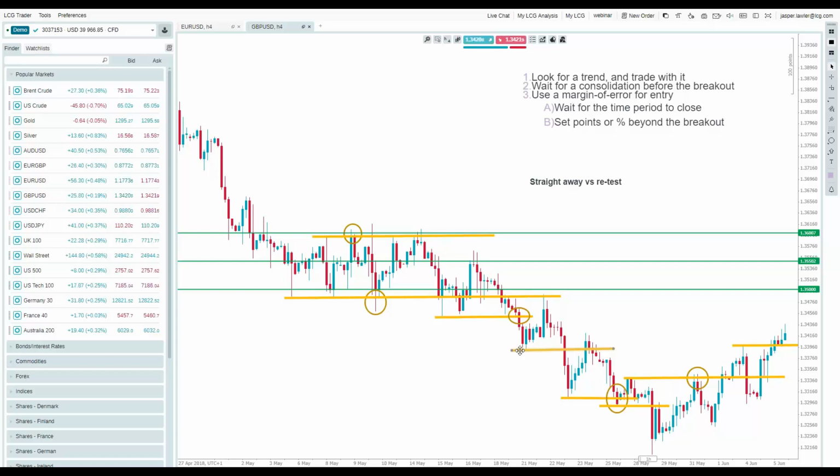Now, this is almost an example of, well, the break did work, but it wasn't too sustainable. By the time we got down to this level, it had been quite a big drop, and we ended up rallying back up to that initial low from over here as resistance.